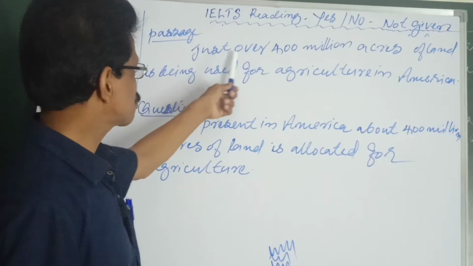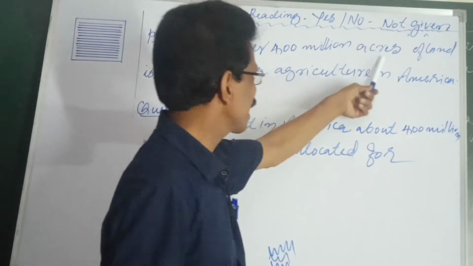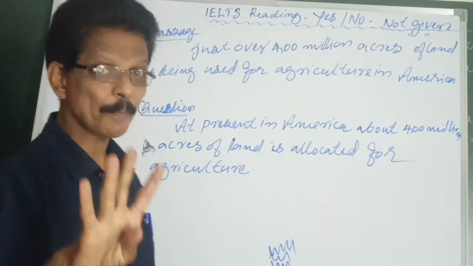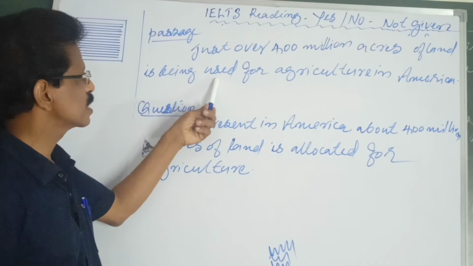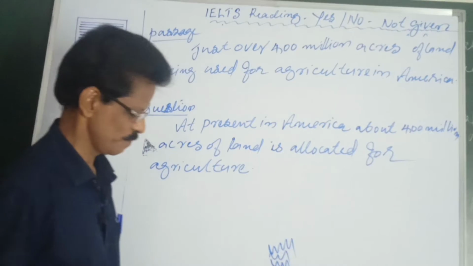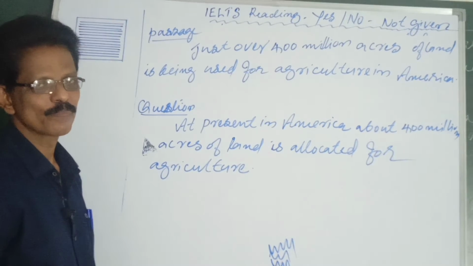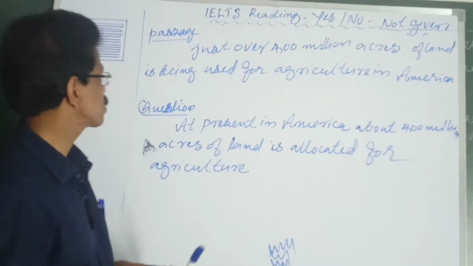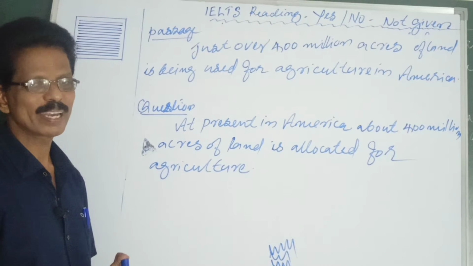Passage: Just over 400 million acres of land is being used for agriculture in America. Think about the sentence. In America, what happens? 400 million acres of land is being used for agriculture.